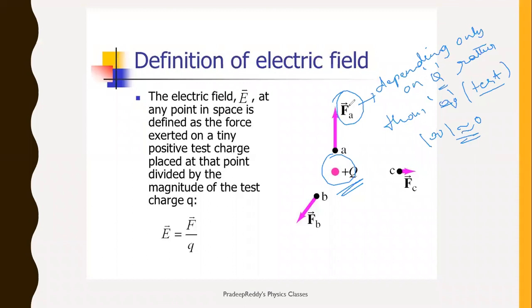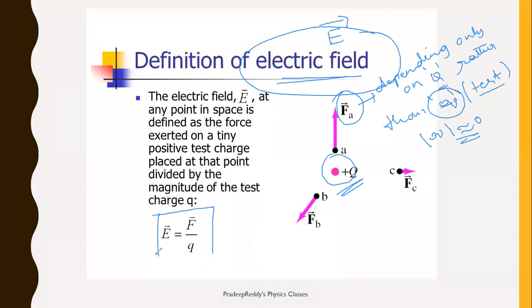Therefore, the force experienced by this test charge in the vicinity of capital Q charge is defined as electric field. Therefore, electric field is represented with E, given by an arrow mark because it is directional, and that electric field is equal to the electric force experienced by the test charge. You can write capital E is equal to F by q, and this is a very, very important formula.